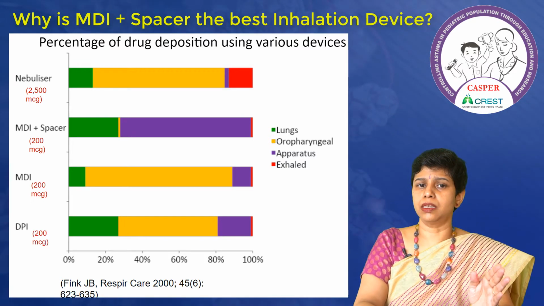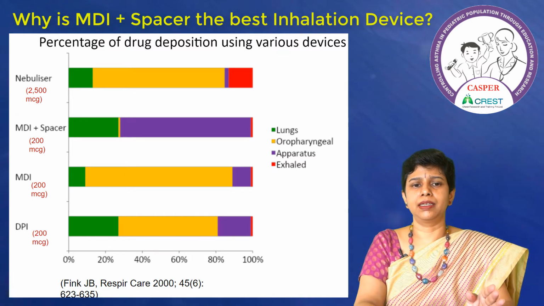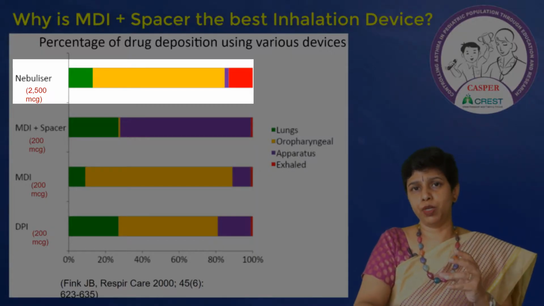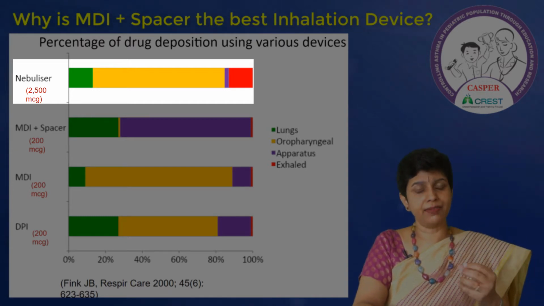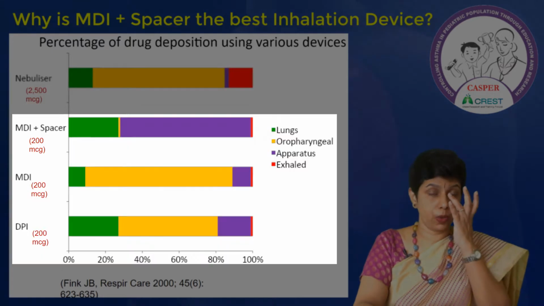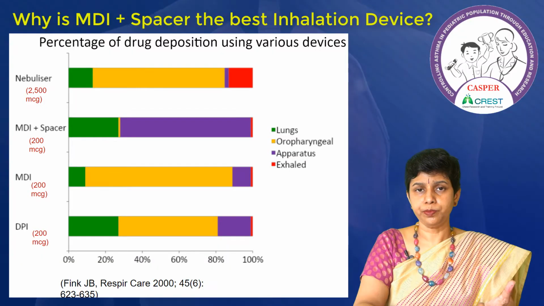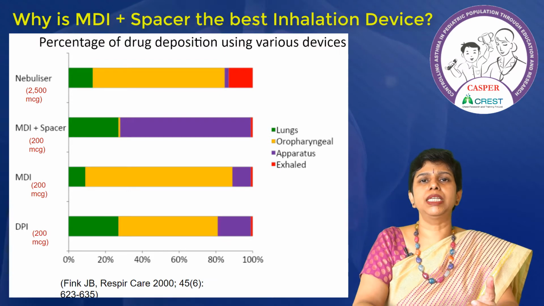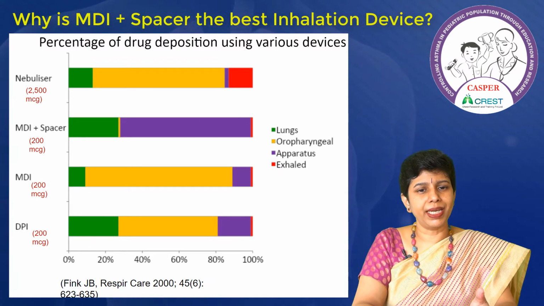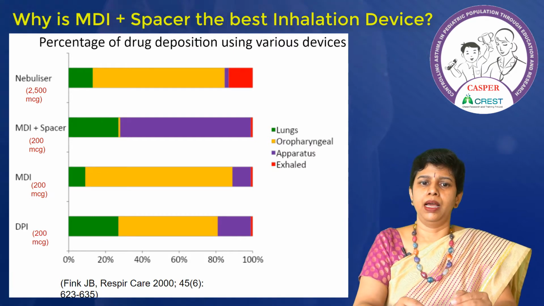And please look at the graph where you will find that first of all, with the nebulizer, the drug that we are giving is in milligrams, so it is 2.5 milligrams, whereas with all the other devices, the drug that is given is in micrograms. The deposition in the lungs is depicted by the green color, you can see the comparative deposition.